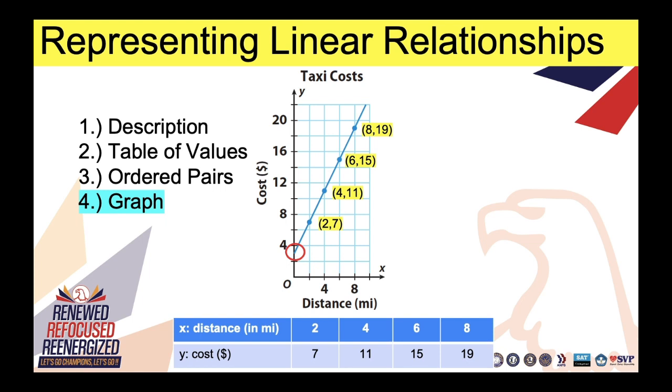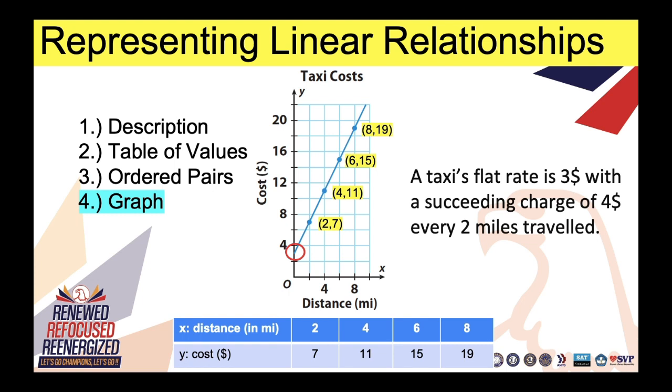So from the story problem, we can say a taxi's flat rate is $3 with a succeeding charge of, so if you look at it, how much are you being charged? From 7 to 11 to 15 to 19, that means an interval of 4. So with a succeeding charge of $4, you are charged $4 every 2 miles.